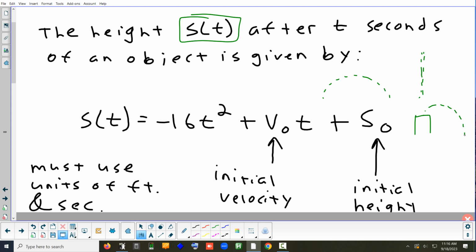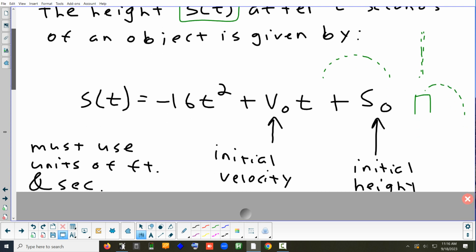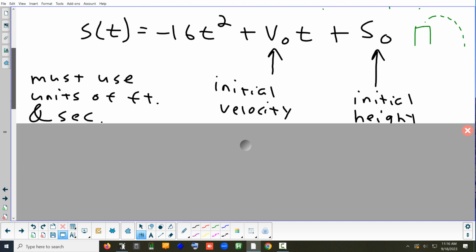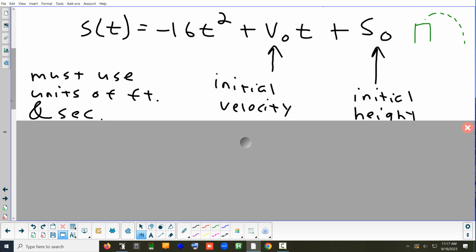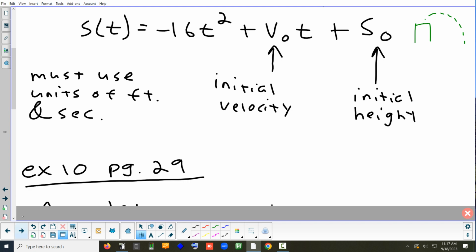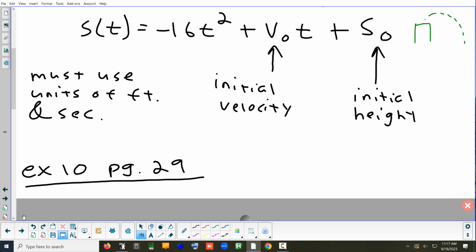So it's a little bit different. So the negative 16 is just gravity? Yeah, it has to do with gravity. So that number would change for different planets. Different planets would have a different number there. Right. So we're going to use that formula to figure out this question.